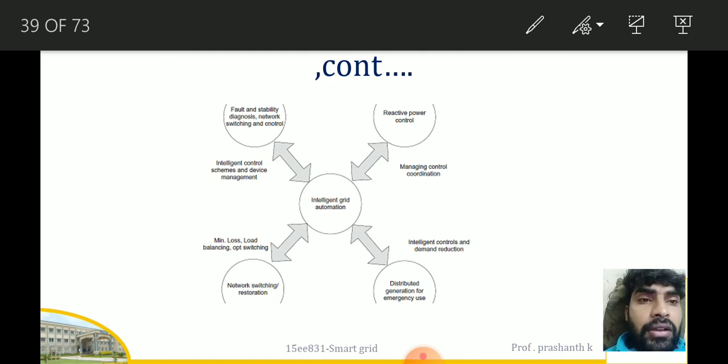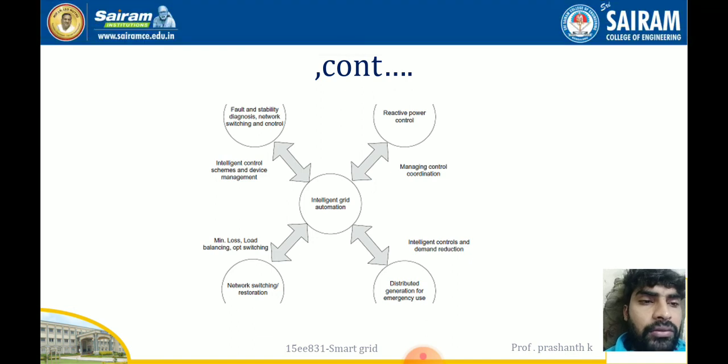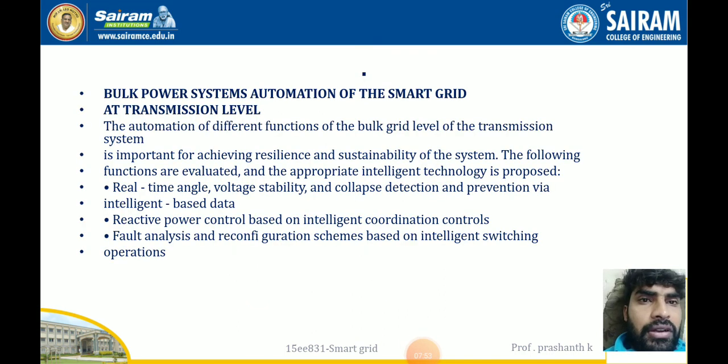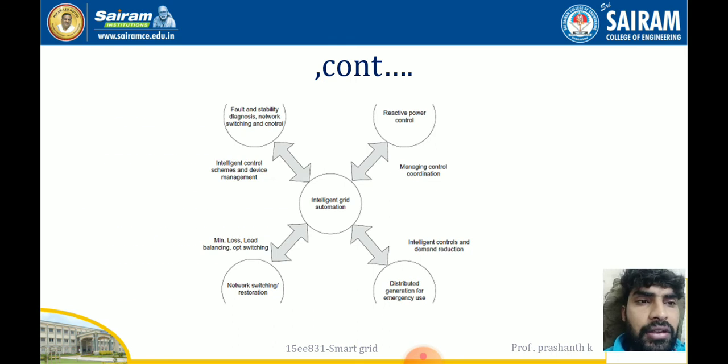If a fault or some abnormal condition occurs, it will automatically be monitored, and the system self-heals, right? And intelligent control schemes and device management. So devices are also managed by integrating intelligent controls, right? So this is the concept of general automation and bulk power automation at the smart grid automation level, right?